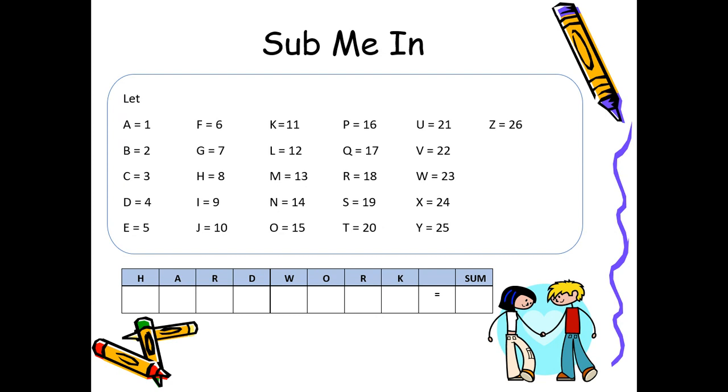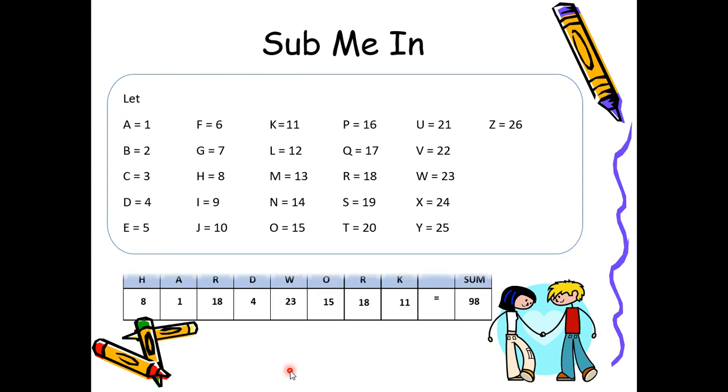Stella says it's 98, Cortez also 98, Diaz 98, Gamboa 98, Garcia 98, Fajardo 98, Guerrero 98. So let's see if the answer for the word hard work is 98. There you go. All of you get the correct answer. The summation of hard work is 98.